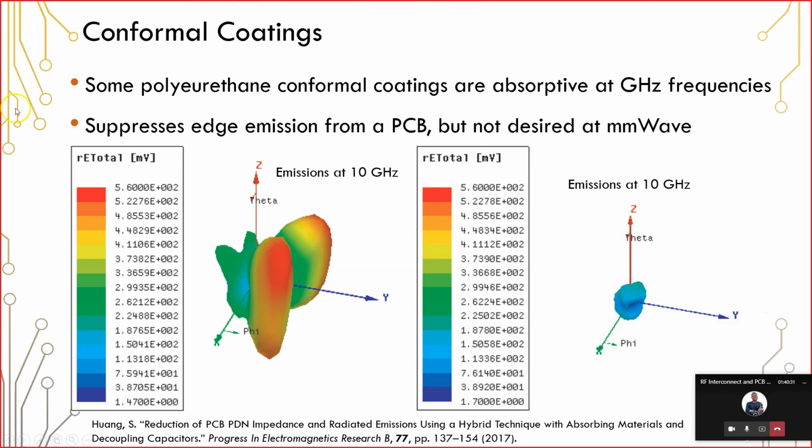So next, one option to try and protect, let's say, the copper or an immersion silver PCB from tarnishing or from degrading, is to apply a conformal coating. And so it is true that conformal coatings can be very useful. They can protect a design from environmental degradation.